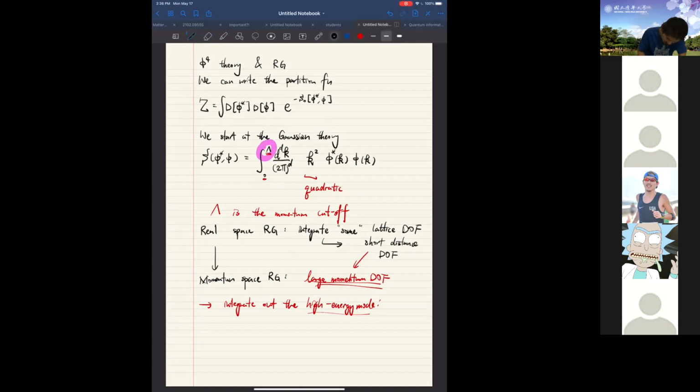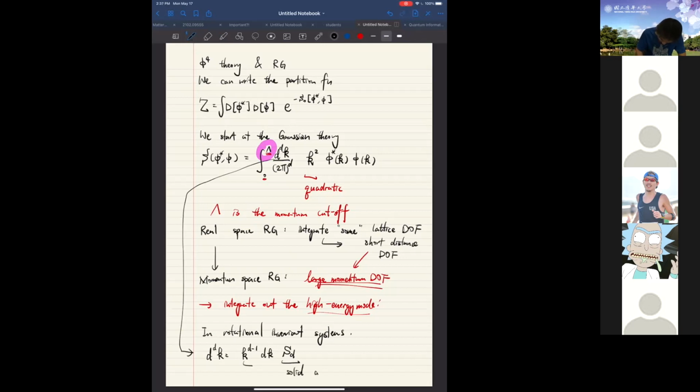As you know, in a rotation invariant system, we can replace this d-dimensional integral with a surface integral times a small distance, right? This is the corresponding surface for the solid angle.